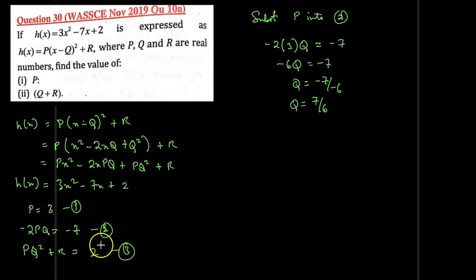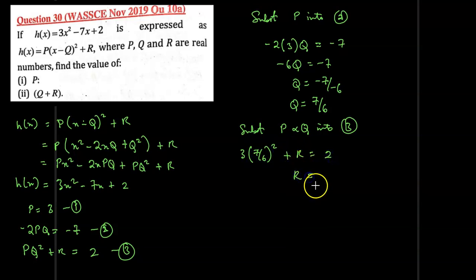From equation 3, substitute p and q into equation 3, and that will be p value is 3 multiplying q value, which is 7 on 6 all squared, plus r should be equal to 2.